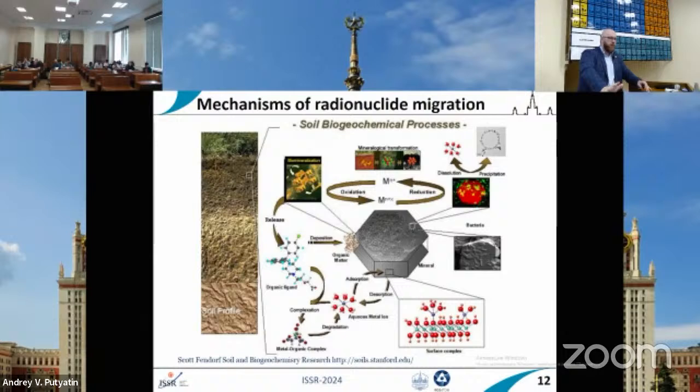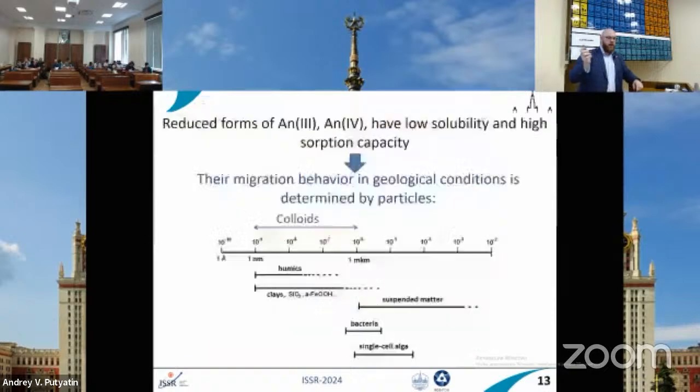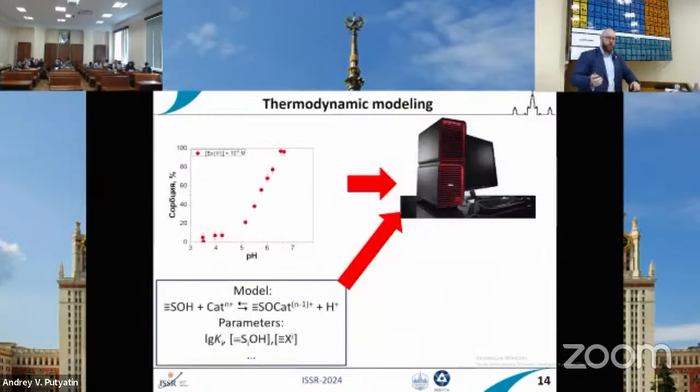There are many chemical processes, sorption, redox reactions, etc. And we can use this X-ray spectrometry to understand the chemical form or chemical speciation of, for example, actinide or other element during the sorption.